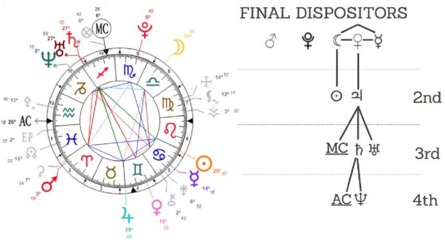So judging by the final dispositors, this person has Venus, Moon, and Mercury as most strong. Not only are they final dispositors, but they're also ruling over other planets. Especially Venus and the moon, I would say. The moon is ruling over the sun. Sun is a big part of the chart, so the moon ruling over that means that it's very strong.